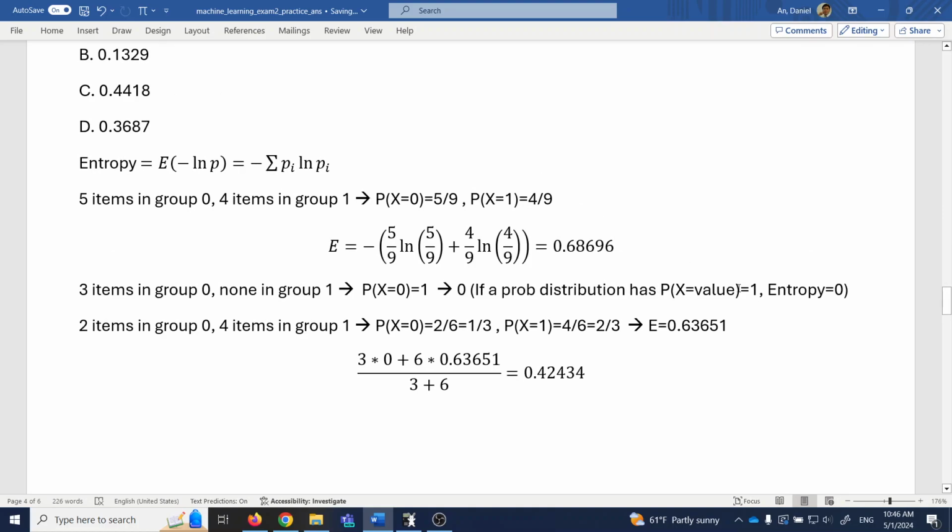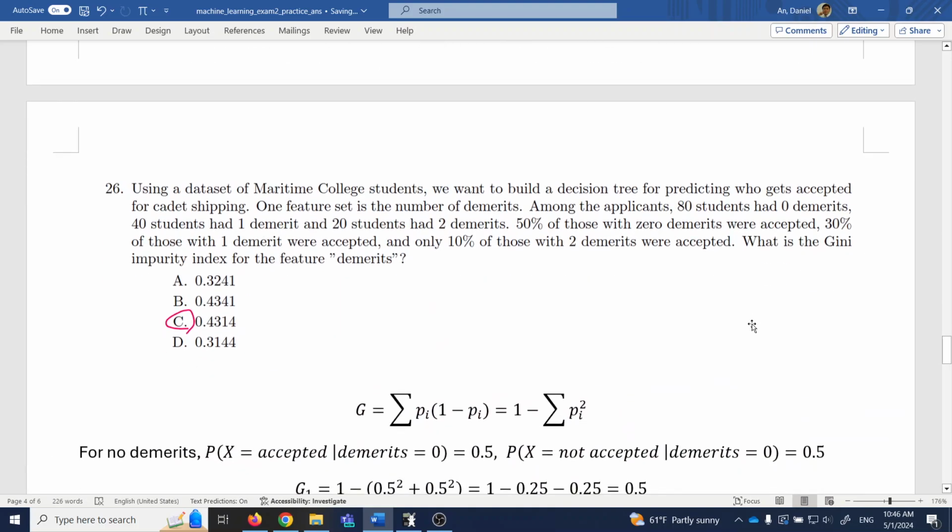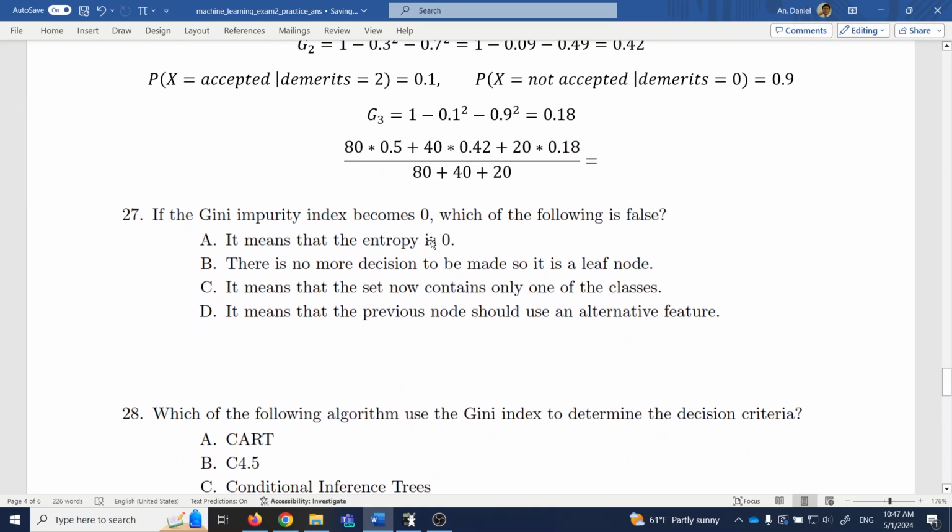If one of the probabilities is 1, then entropy will become 0. So entropy and Gini impurity index, they agree when there's only one outcome. Yeah, but they're different for other values of p. But that's true, okay?